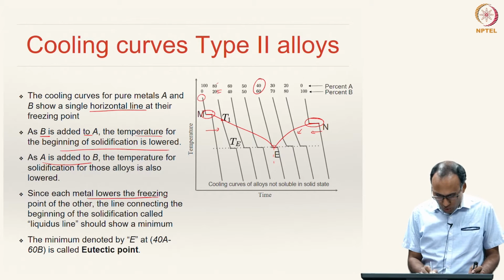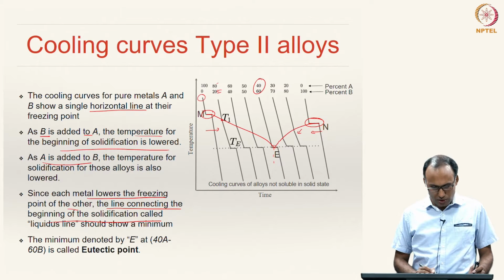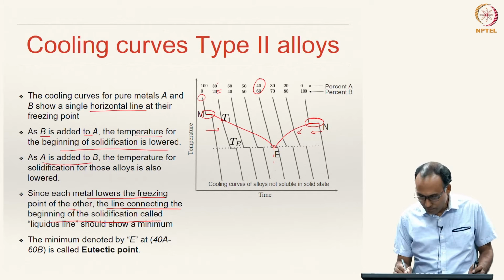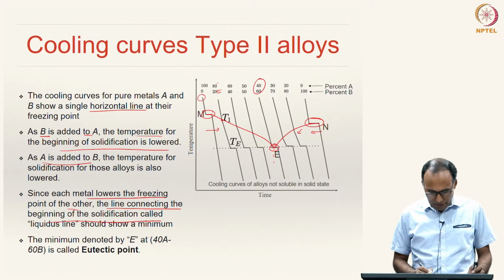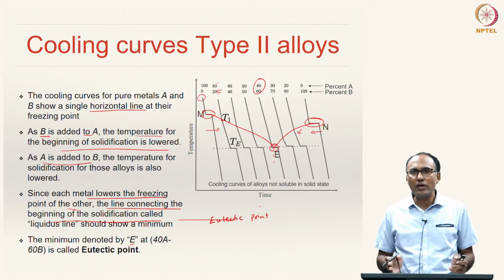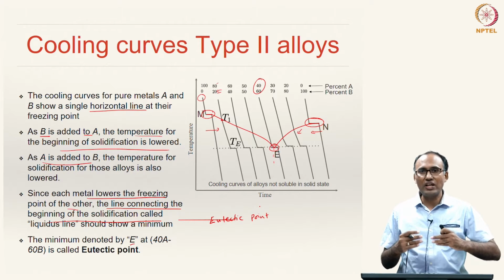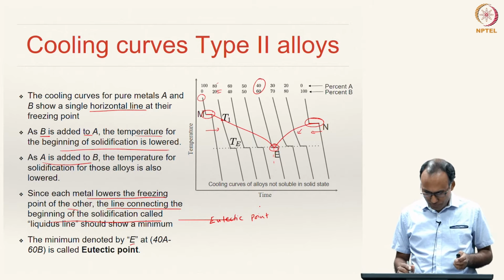Since each metal lowers the freezing point of the other, the line connecting the beginning of the solidification, called the liquidus, should have a minimum somewhere here. The minimum point is denoted by E, and that point is called the eutectic point. That means, of all these combinations of alloys, there is one particular combination at which the melting or solidification happens at the lowest temperature.